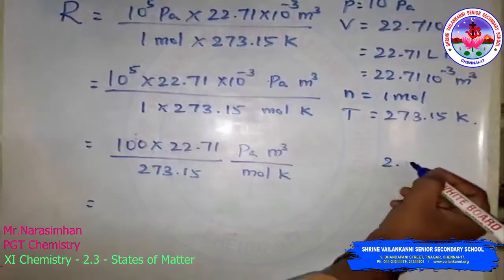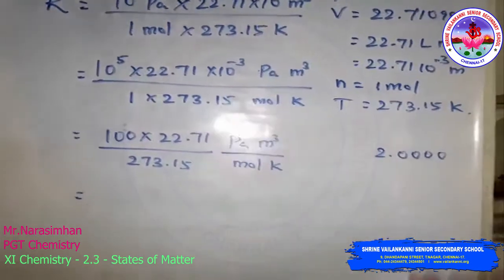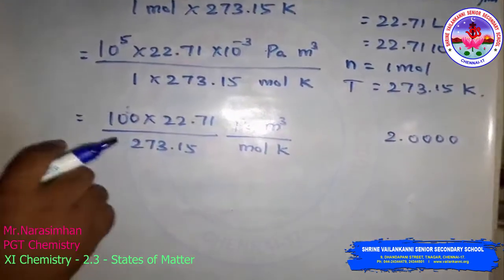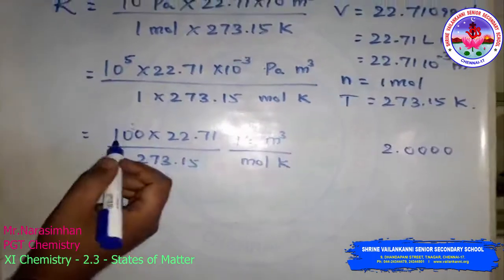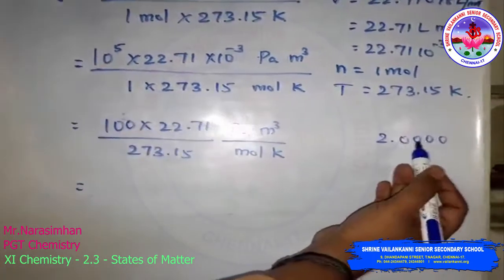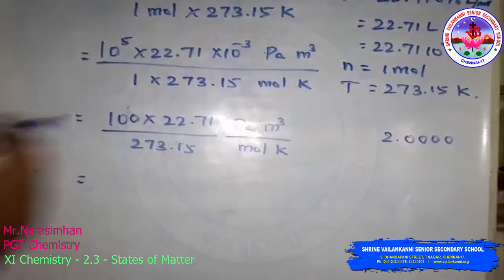So it is 2.000, because the characteristic is 2 and the mantissa is 000. Then for 22.71, you have to take the log.